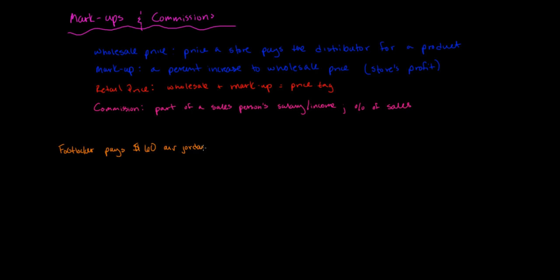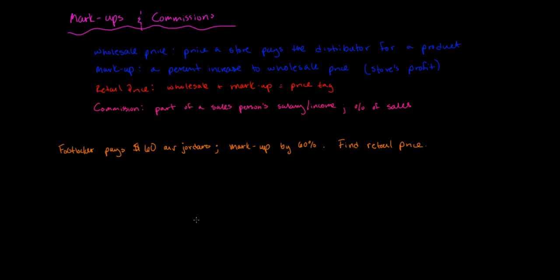And in order to make a profit, they're going to mark up the price by 60%. So they're not making us pay double, but they're going to make us pay 1.5 times that much and a little bit more. They're going to mark up this price by 60%. How much is the actual retail price going to be? So we're going to find the retail price.